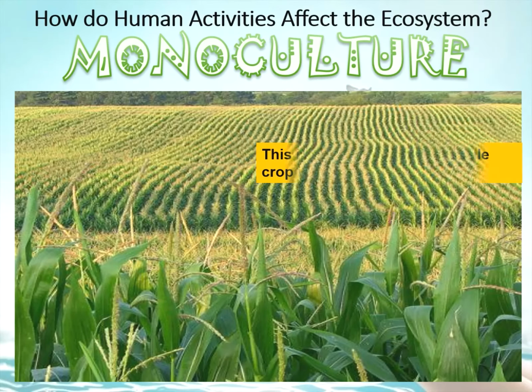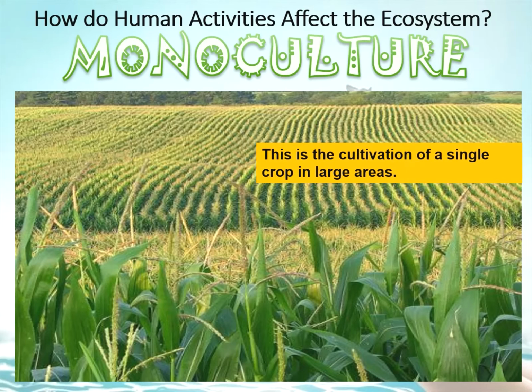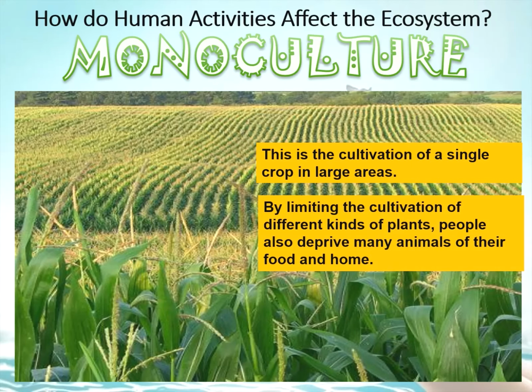So, next is the monoculture. Are you familiar with monoculture? This is the cultivation of a single crop in a large area. Wherein, advantage nito, maganda dito, kasi napag-aaralan kung paano papatubuin yung specific plants.